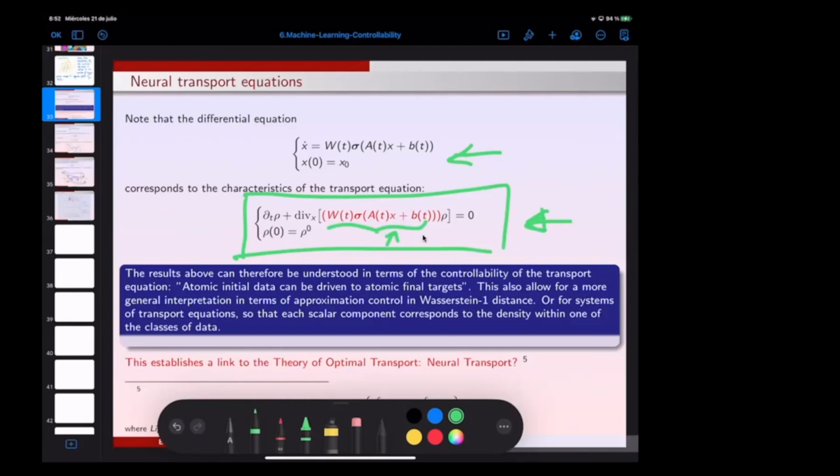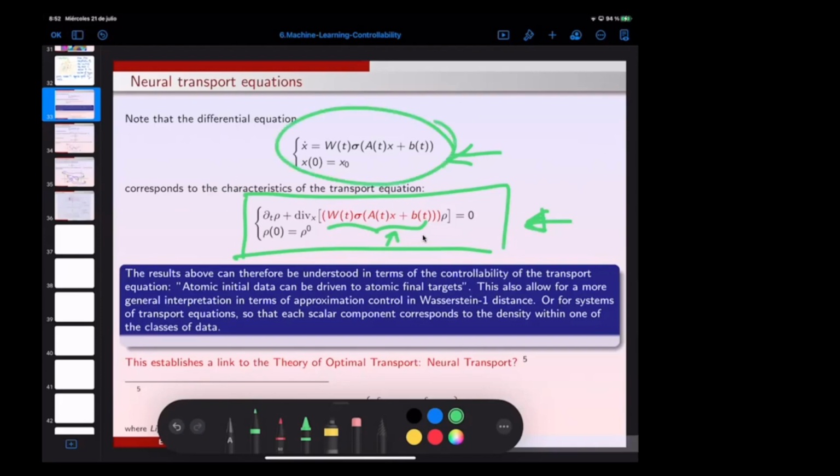I can transport the mass ρ0 into ρ1, up to an epsilon error, by just a suitable choice of W, A, and B. Is this optimal transport? No, I don't tell you it's optimal because I know the cost will be tricky, because I need to use the results on the controllability of the neural ODE.